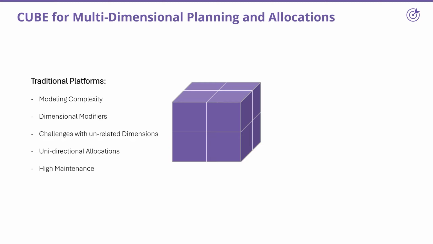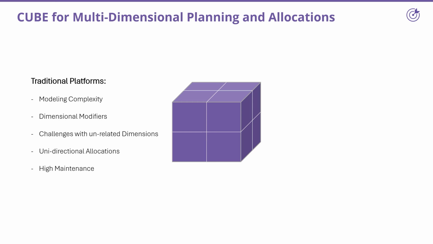Then it is very difficult to handle unrelated dimensions at the same time because it becomes very high maintenance. And secondly, such models or modules which are made to handle unrelated dimensions become your staging modules and they take a lot of processing and storage power of the platform.